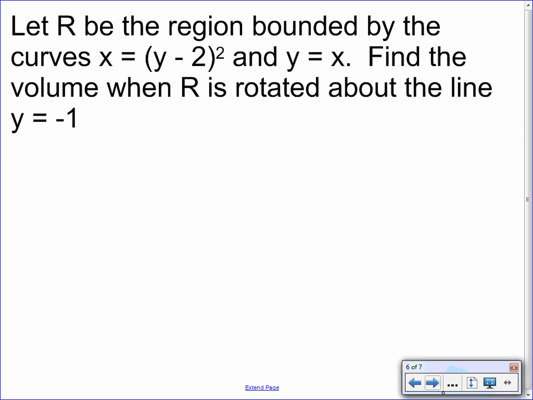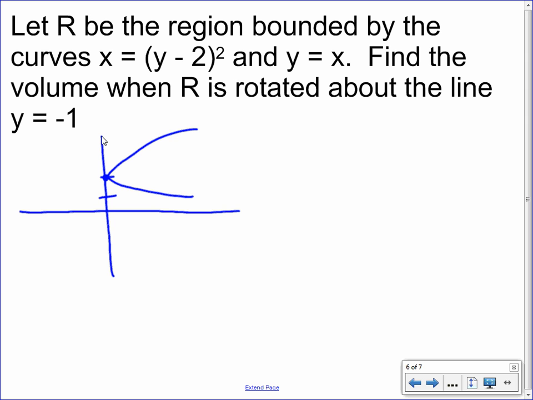Parabola. Now, since the 2 is with the y, this doesn't move. And we have y equals x, right? So there is our region. I'm going to go ahead and erase this so we can just see what that region is.